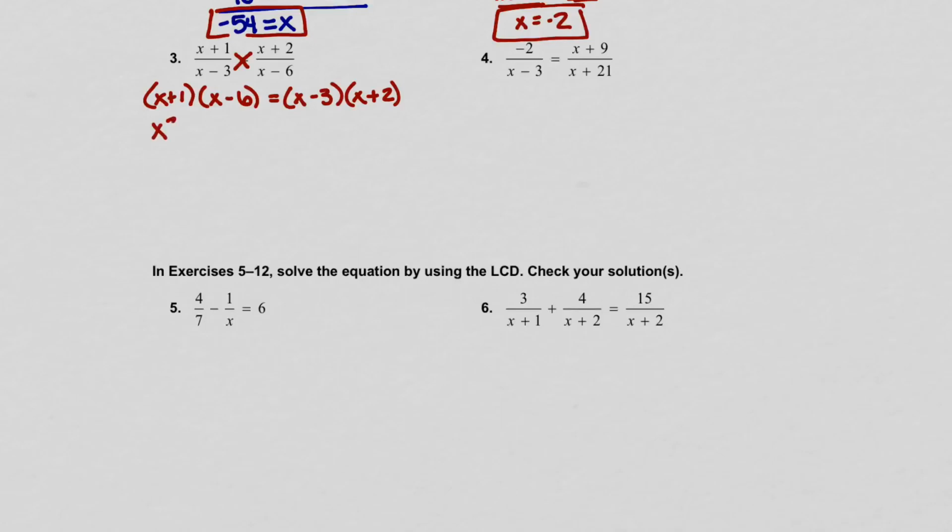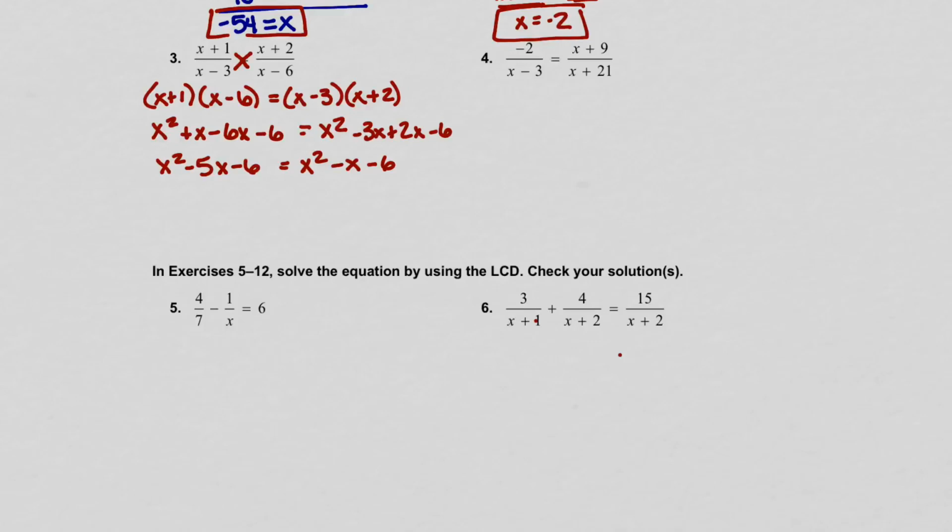I'm going to end up with x squared plus x minus 6x minus 6, and that's going to equal x squared minus 3x plus 2x minus 6. So this becomes x squared minus 5x minus 6, and that becomes x squared minus x minus 6.